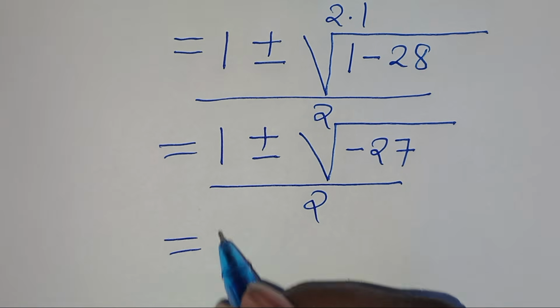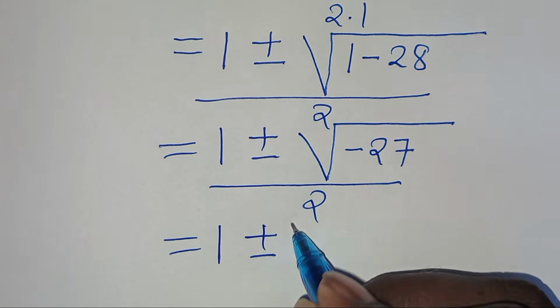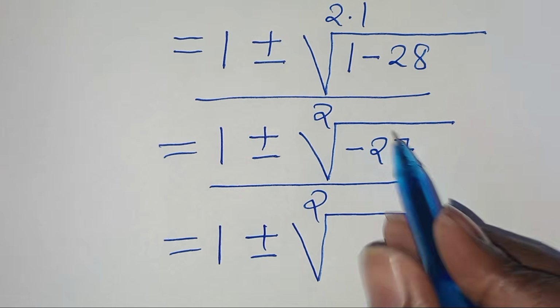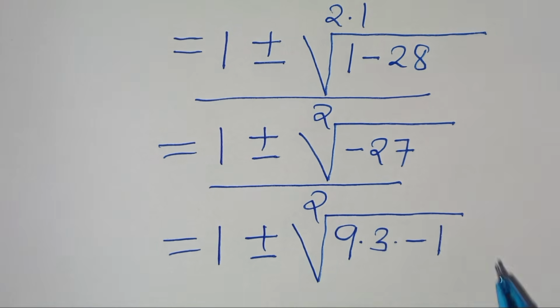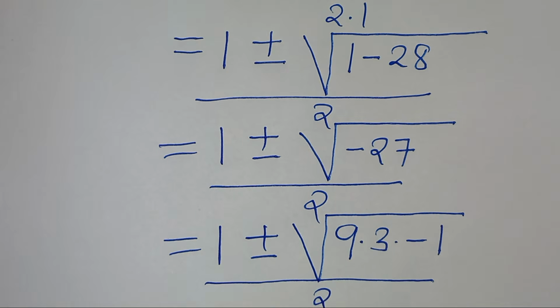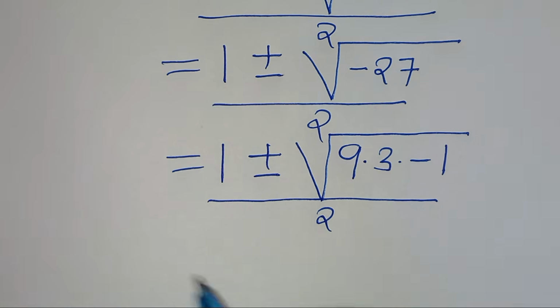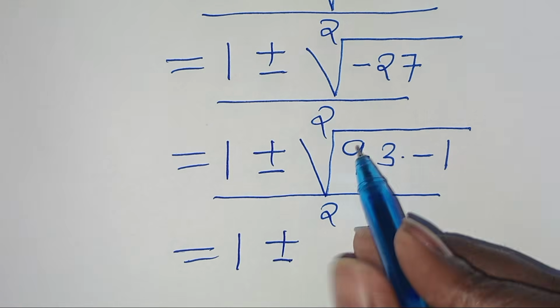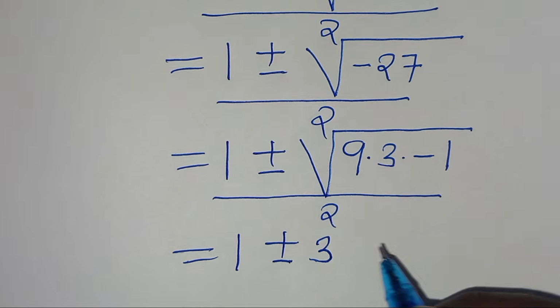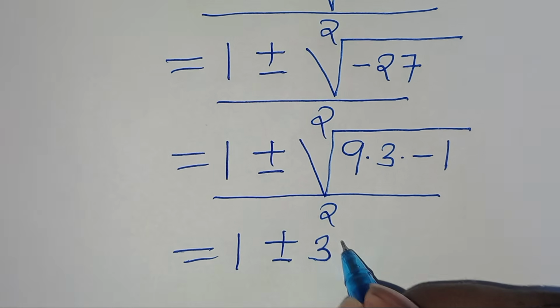So again, here we have 1 plus or minus. We can express the square root of negative 27 as the square root of 9 times 3 times negative 1, divided by 2. So here we have 1 plus or minus the square root of 9, this is 3. The square root of negative 1, this is i.